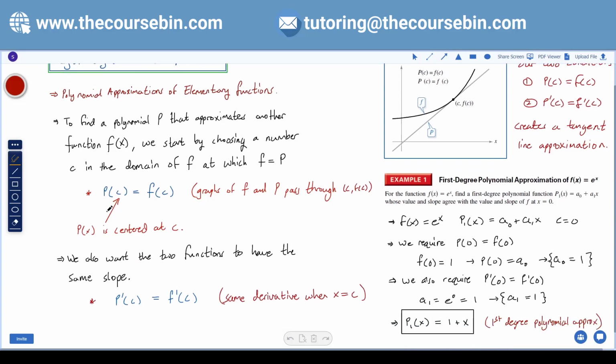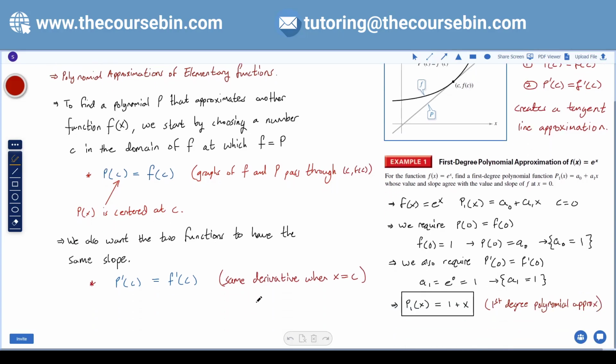All right, so let's just recap on what we just did. We defined two conditions that provide us with a first degree polynomial approximation. Those two conditions are that P of c equals f of c, and p prime of c equals f prime of c.